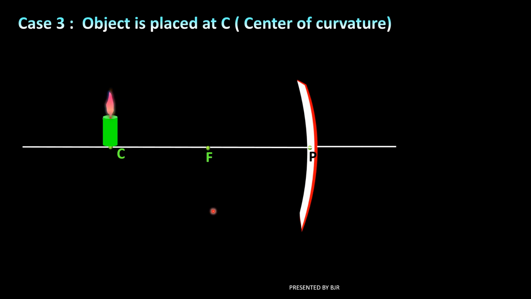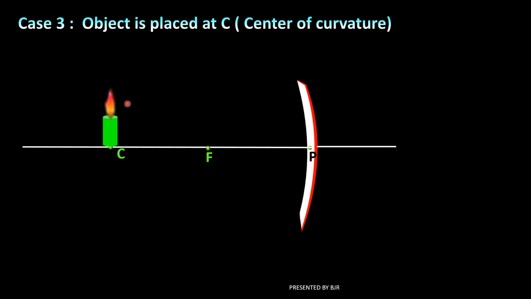So the same two rays I am using here. The first ray travels parallel to the principal axis, falls on the mirror and gets reflected, and the reflected ray will pass through the focal point. That is the first reflected ray, and I already explained you the behavior of the second ray.